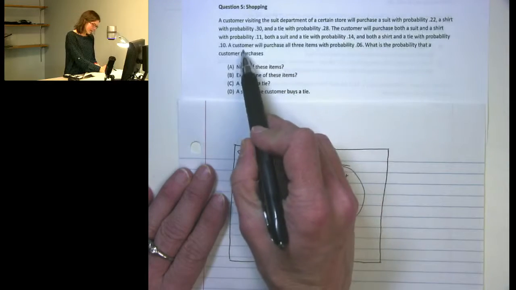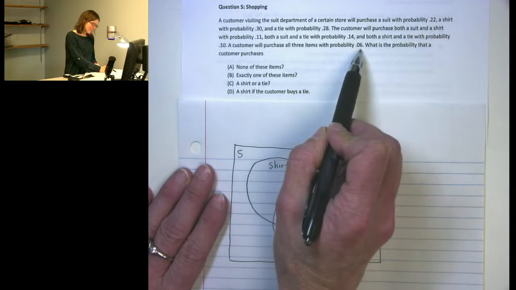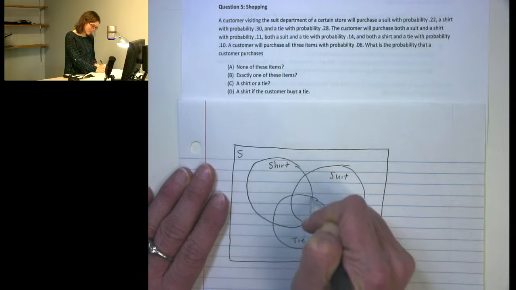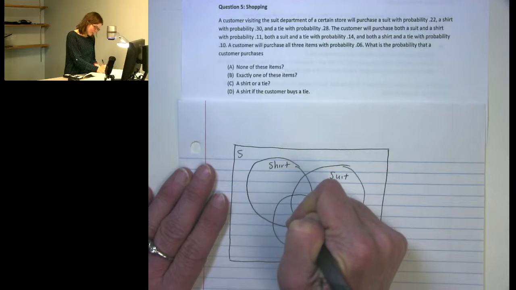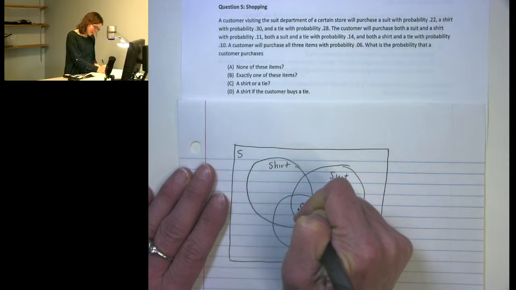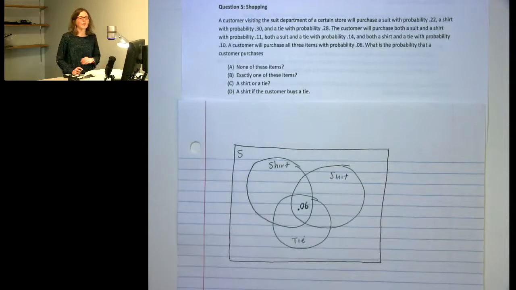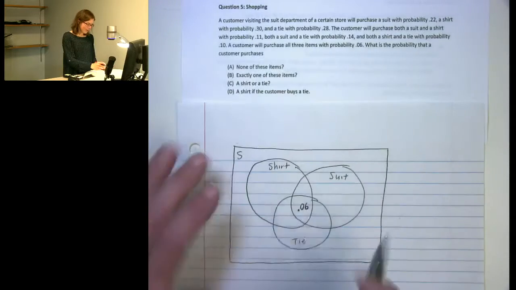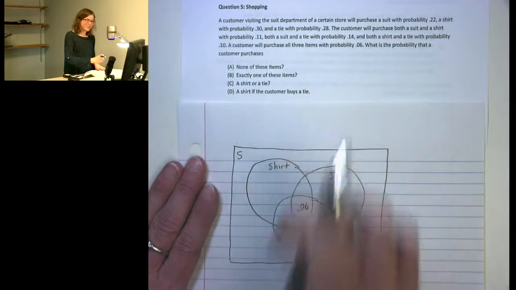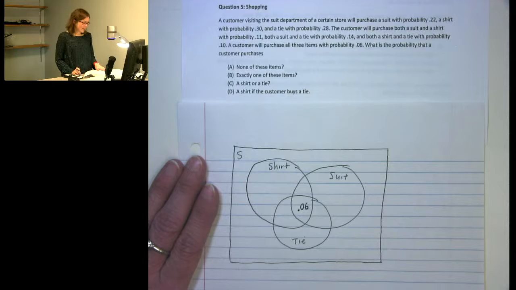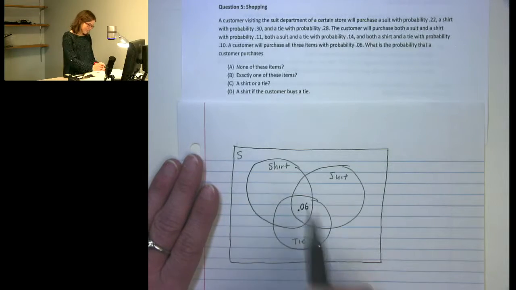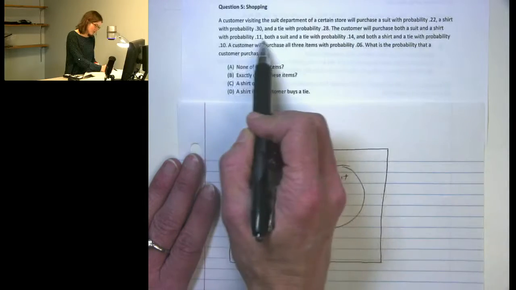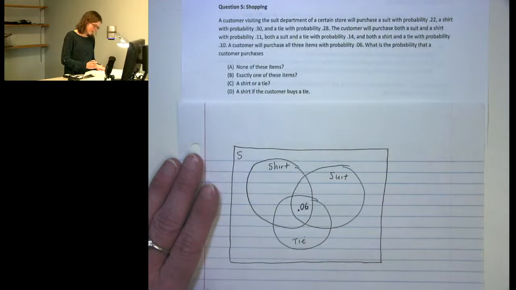The customer will purchase all 3 items with probability 0.06. So the probability in this area is 0.06. We start with that. Then we move on to the next set of intersections. A suit and a shirt with probability 0.11.